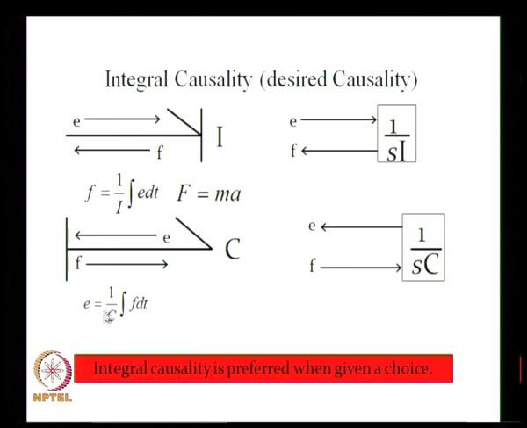And for C elements, 1 over C integral F dt is the relationship; the flow is input and the effort is calculated, so E is equal to 1 over C integral F dt. This integral causality is preferred when given a choice. So whenever you have a choice you should try to go for the integral causality for these elements.